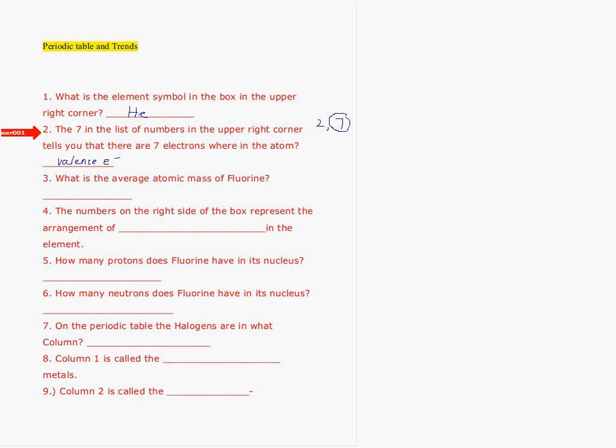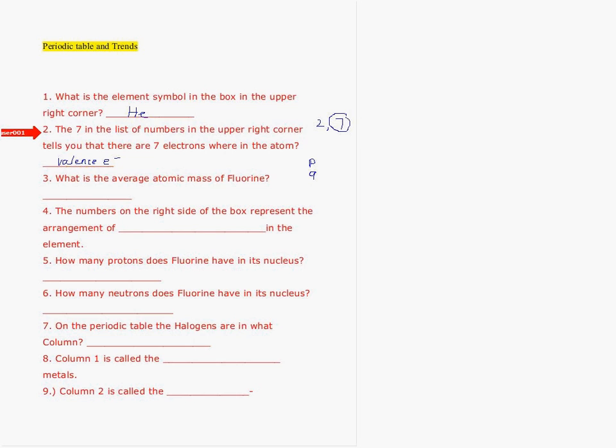Okay, this you may not know. See, its atomic number is 9. It means the number of protons is 9, right? 18 point something it is.